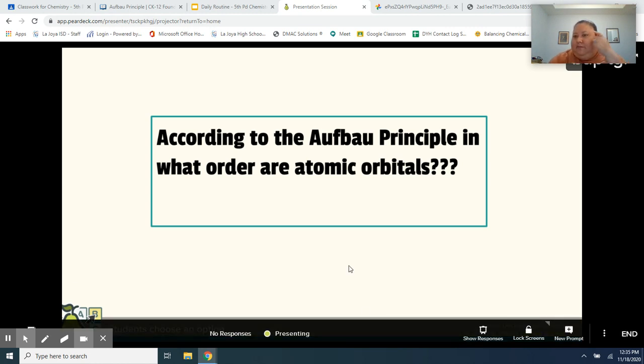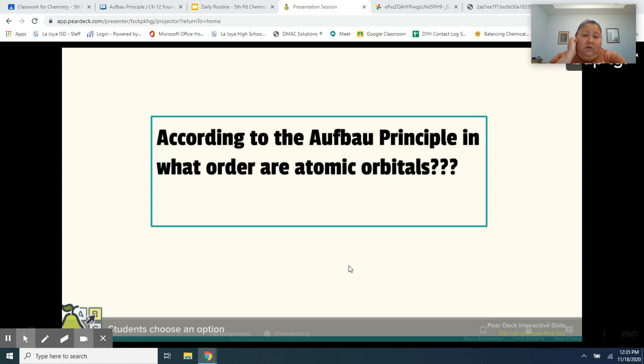What do you think? Is it A, low to high, or B, high to low? I believe this is a multiple choice question, right, guys? It's a multiple choice question. Just double checking those of you who are in Pear Deck.